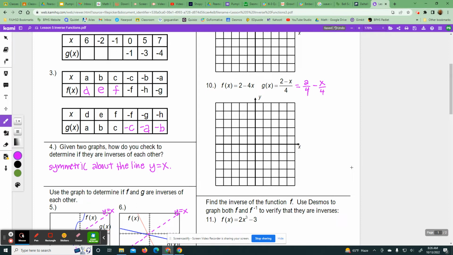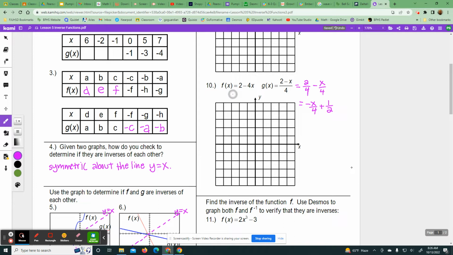Okay, and then I'm going to rearrange it. So I've got negative x over 4, and then 2 over 4 is 1/2, so I'm going to make it plus 1/2. Okay, so I have a y-intercept of 1/2, and I have a slope of negative 1 over 4.